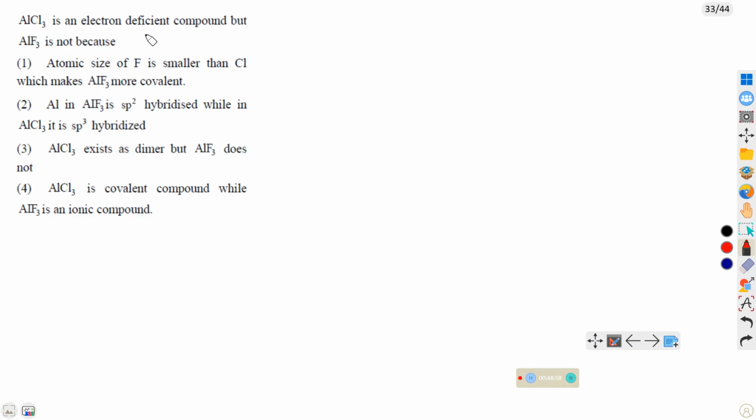AlCl3 is an electron deficient compound, but AlF3 is not because AlCl3 is a covalent compound, but AlF3 is an ionic compound. This is completely based on Fajans' rule.